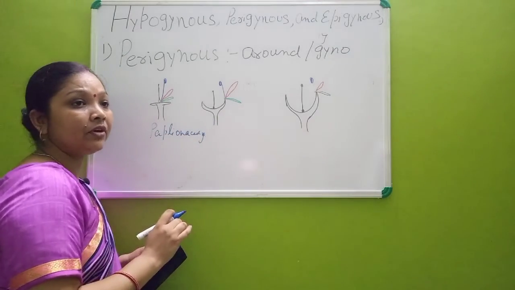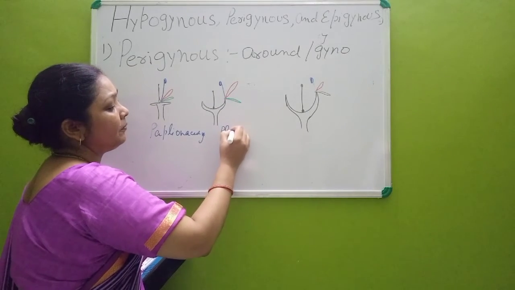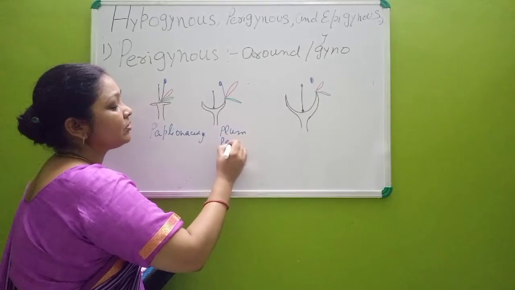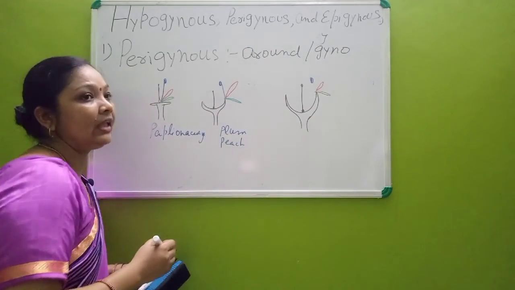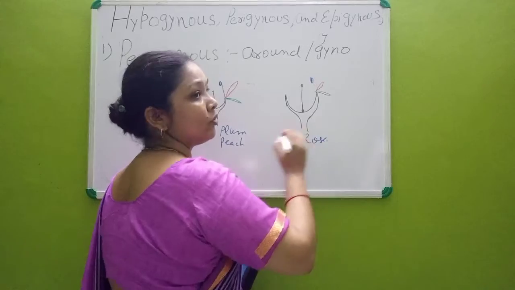This type of whorl is found in plum and peach, and this type is also found in rose.